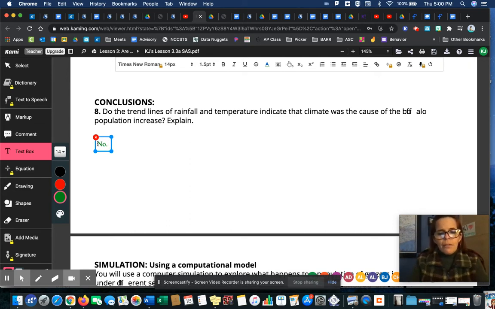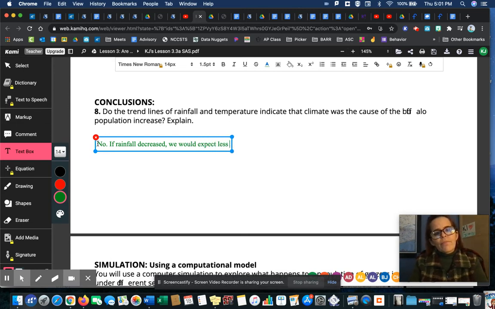Explain. How do we word that the best way? So if rainfall decreased, we would expect less food for the buffaloes. Is buffaloes ES? I think it is. I think I spelled it wrong.